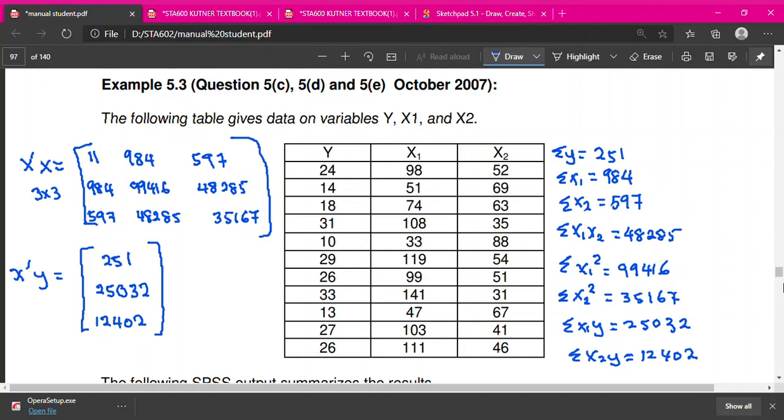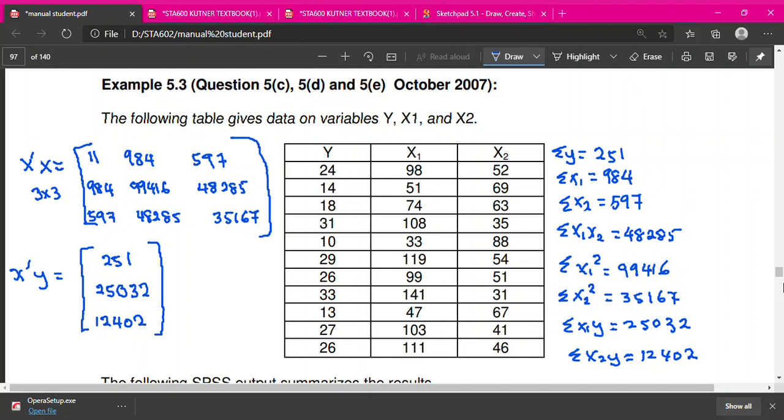Key in the entry. The element for 11, first row, first column is 11, then equal, and then A12, which means first row, second column, 984, then equal. 597, then equal.